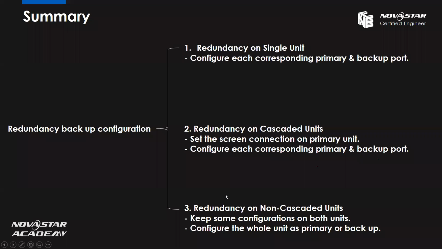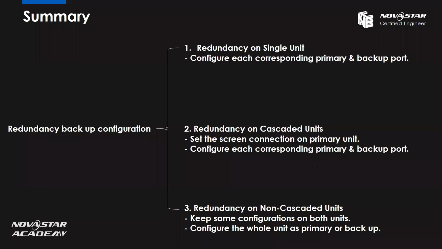And the third one is the redundancy on the non-cascading unit. So the same, we need to keep the same configuration on both units. We use a configuration file from the primary controller and then apply the file to the second backup controller to make sure the 2 configurations are totally the same.